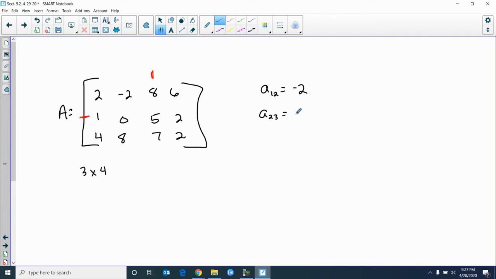That is a 5. If I want to talk about A31, third row, first column, that is a 4. You need to be able to talk about rows and columns and positions in terms of matrices: A31, A23, A12. Make sure you understand those.